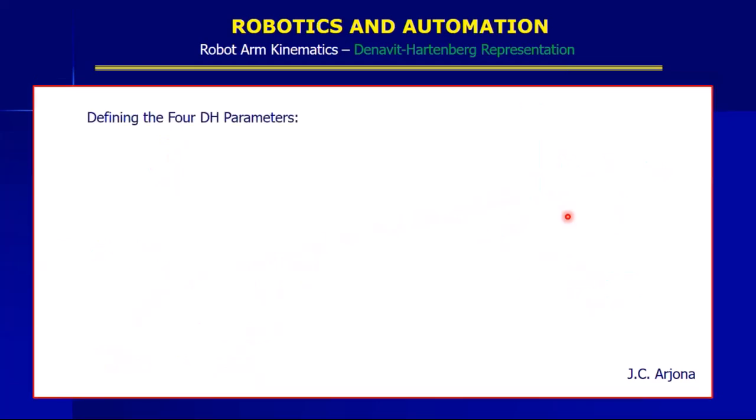Now, defining the DH parameters, let us start with an example. One point is located in a certain point in space, and another point is located in a certain point in space. Joining them together is the link. Then bringing them as one link, this is one link.